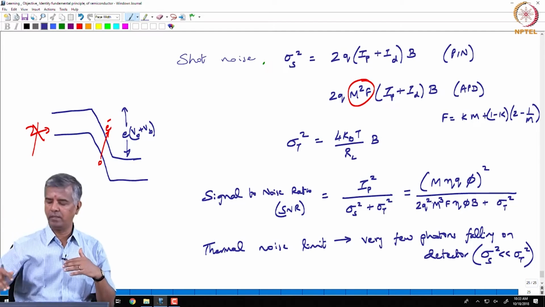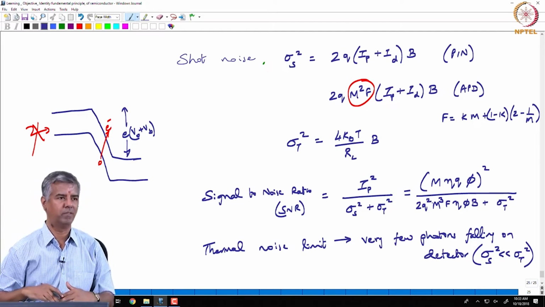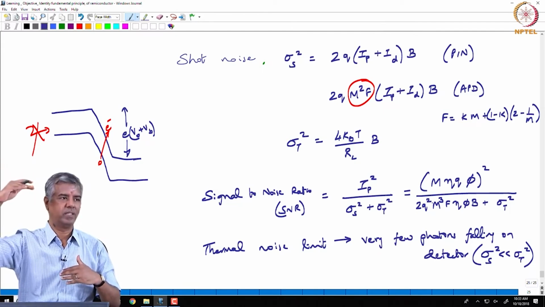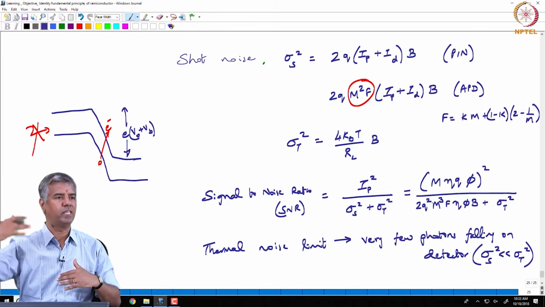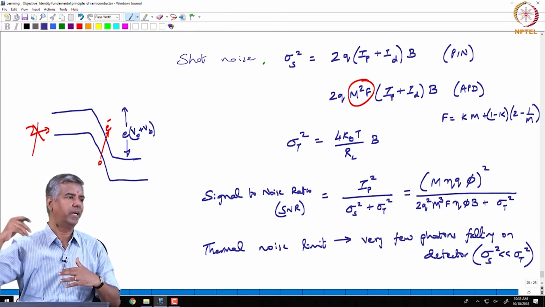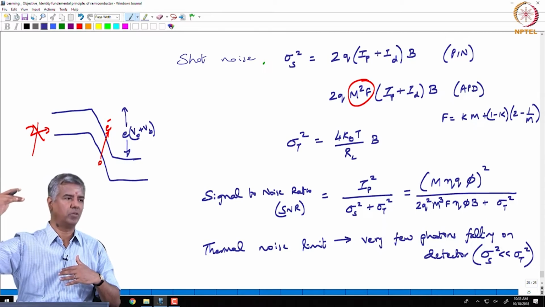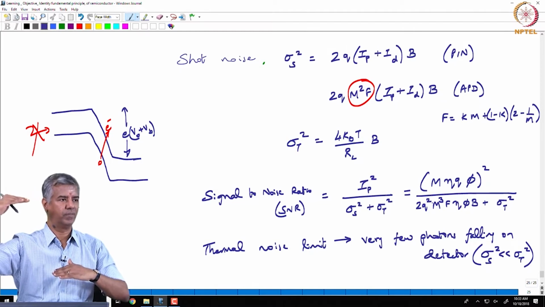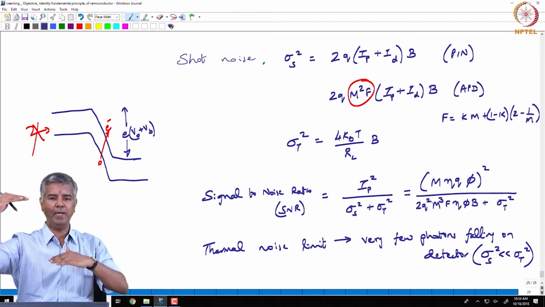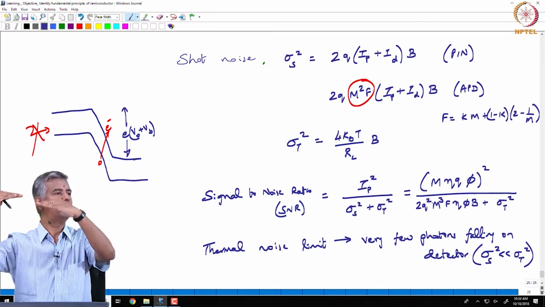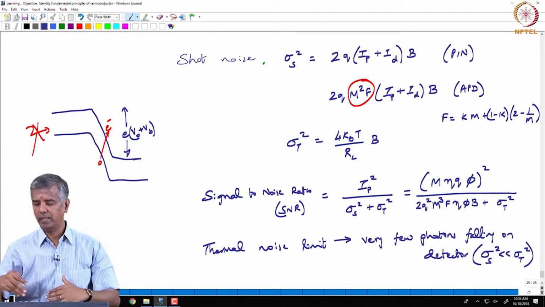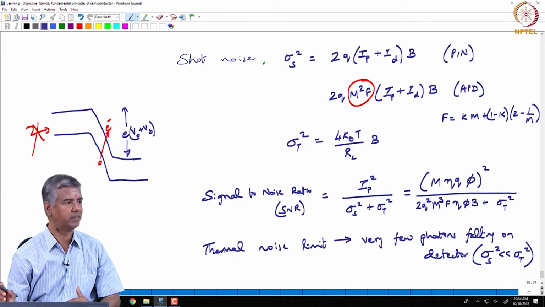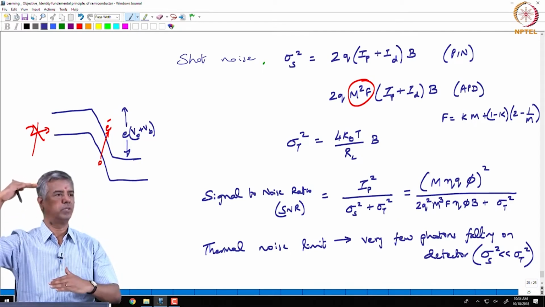So, in my thermal noise limit, when you have very few photons falling on the detector, my thermal noise depends on the receiver gain that I will set up. So, more the gain, more will be my thermal noise. My thermal noise will be over here, but my shot noise is over here. Now, if I use my APD, I can afford to go up on my shot noise without affecting the overall noise that is accumulated, because this is so low initially.